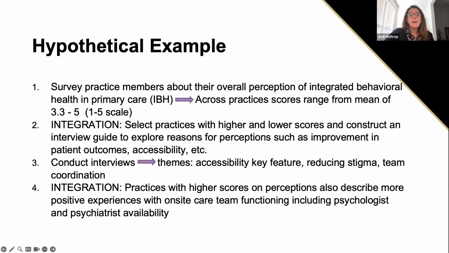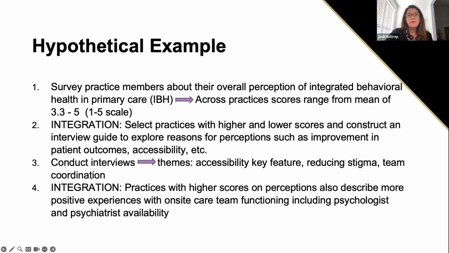Then you use that information to select practices or even participants with higher and lower scores. Maybe some people say it's going really well and give a score toward 5, and some say it's not going well at all and give a score more like 2. You can then selectively pick out people to talk to, so you can understand why some people had a higher score and some a lower score.